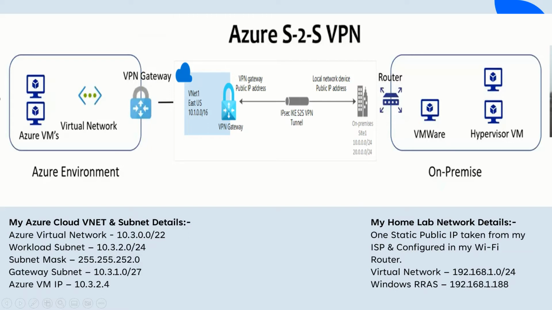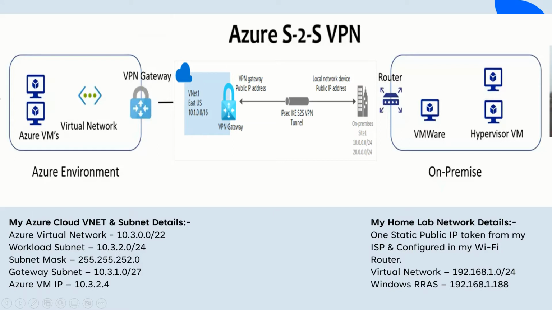So I'll be using an Azure virtual network with the IP addressing scheme of 10.3.0.0 with /22 notation. My workload subnet will be 10.3.2.0 with /24 notation. So my subnet mask will be 255.255.252.0.